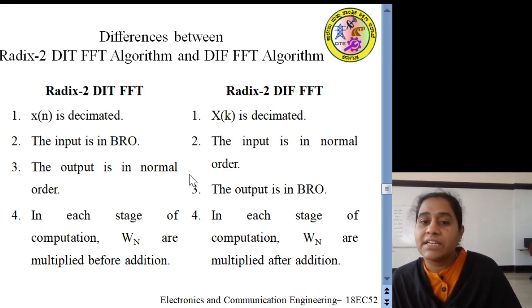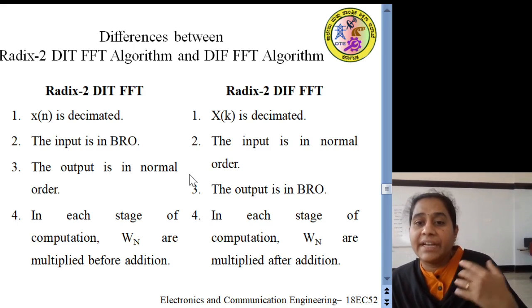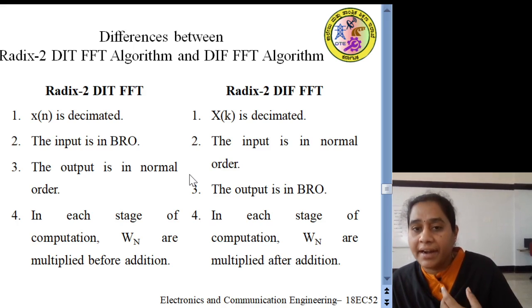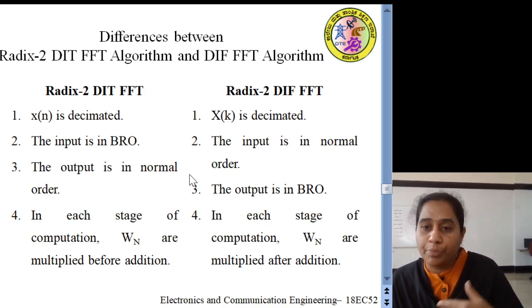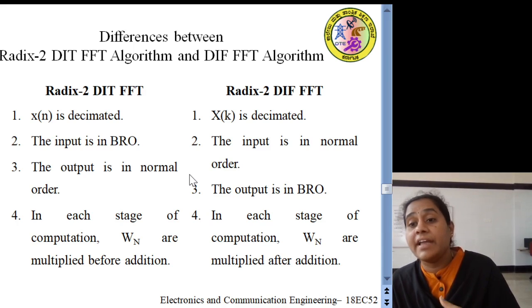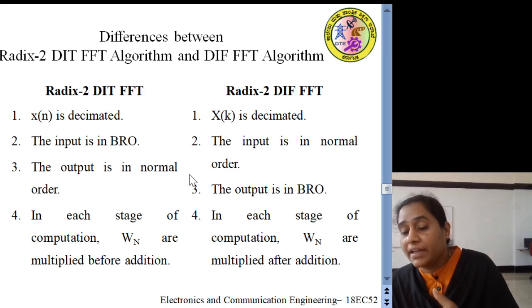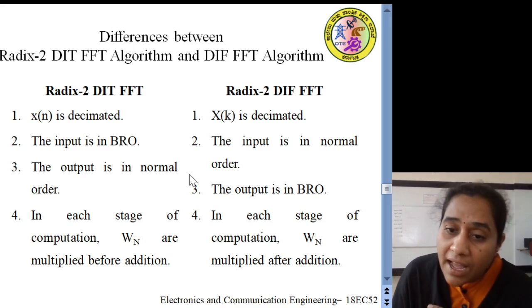The next difference is the output. The output from the DIT FFT algorithm is in normal, natural order. But in the DIF FFT algorithm, the output is not in natural order. Instead, it is in bit reversal order.